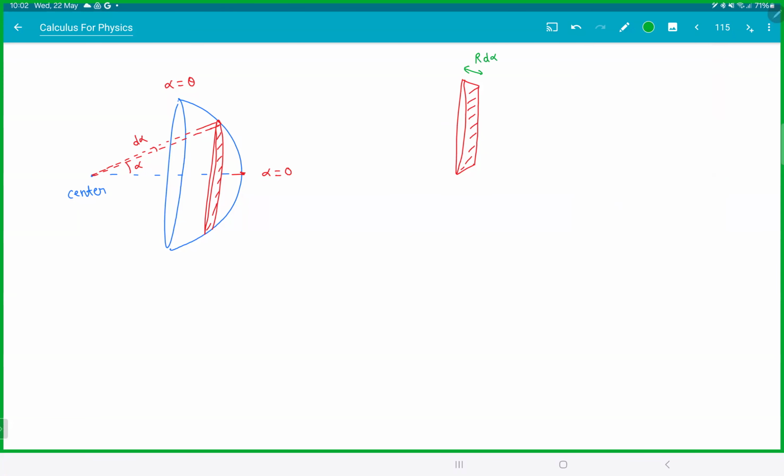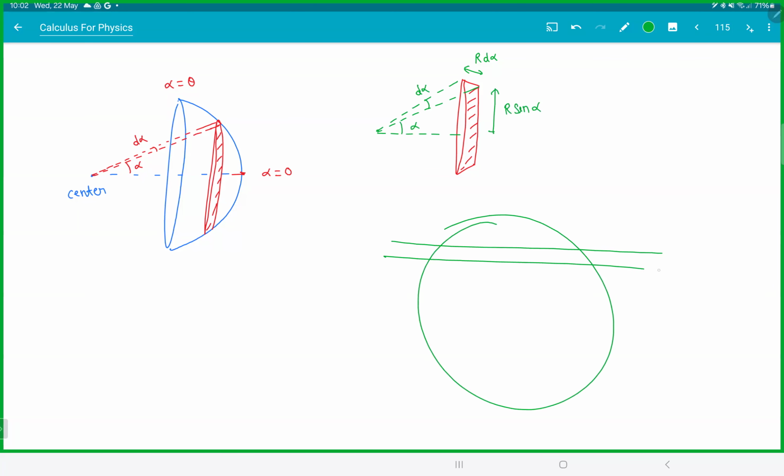Remember arc length? If you see, this angle was d alpha. This was alpha. So this side, the opposite side, is r sine alpha. I'll tell you how to see the element. Take a watermelon, cut it horizontally. You will get this watermelon with the red thing in the middle. Remove the red part. You'll be left with a green band, isn't it? Able to visualize?